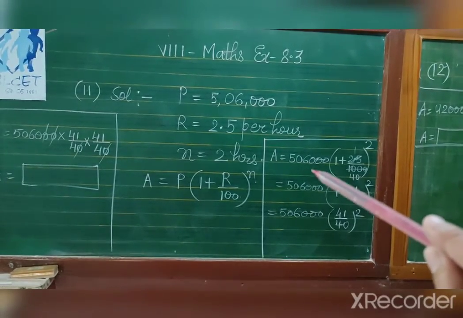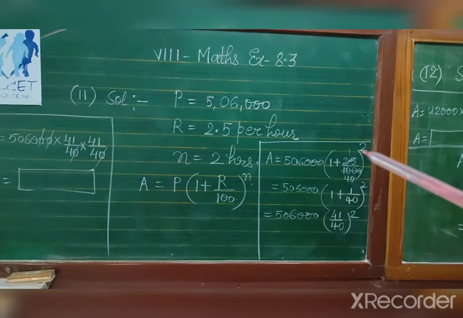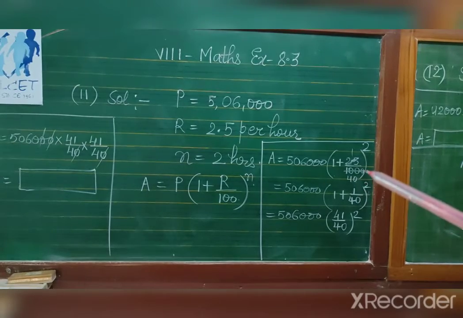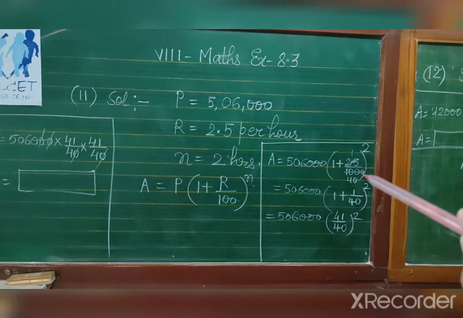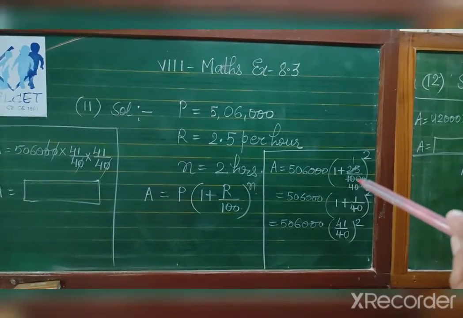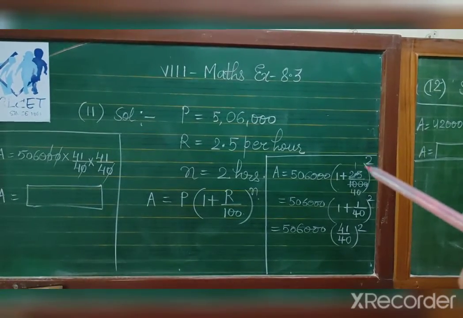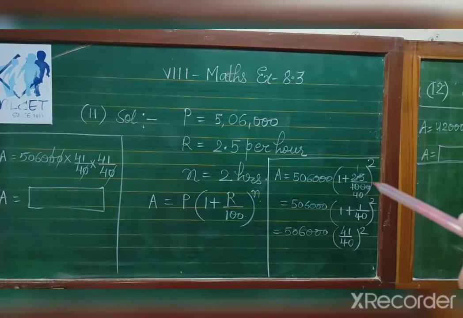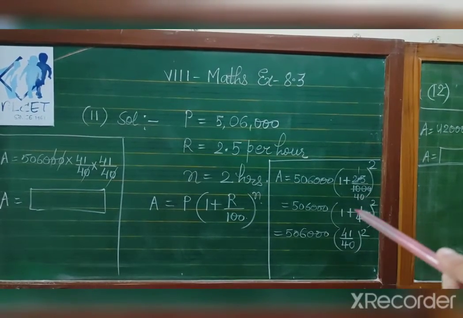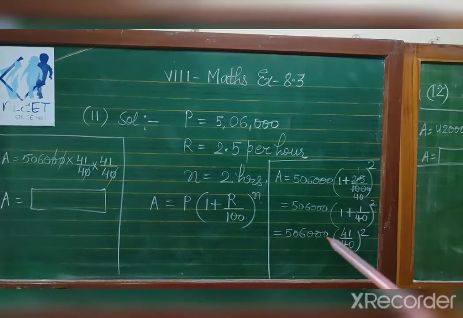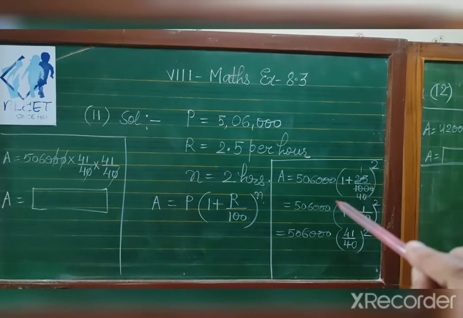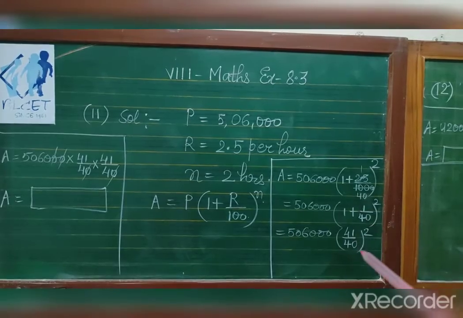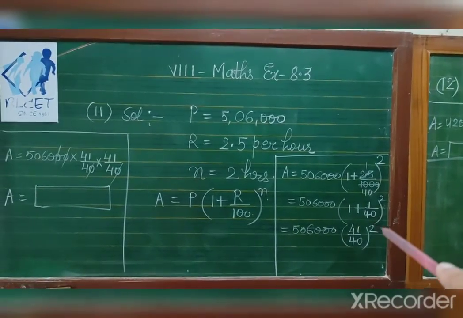So 506,000 into 1 plus 2.5 upon 100. So decimal you will delete. So after decimal 10 is there. So put 10 there. So 25 upon 1000. 25 ones are 25 and 25 fours are 100 and 0 as it is you will put. So 1 plus 1 upon 40 whole square will be left. So 506,000 into 40 ones are 40 plus 1, 41 upon 40 whole square.